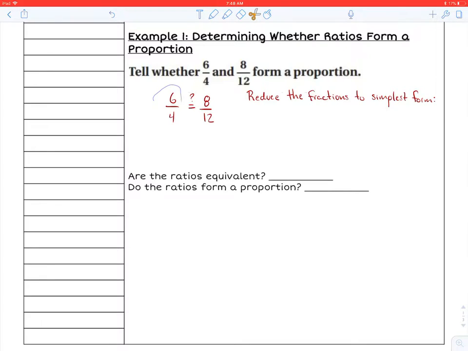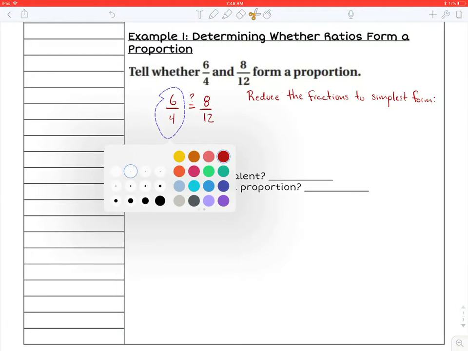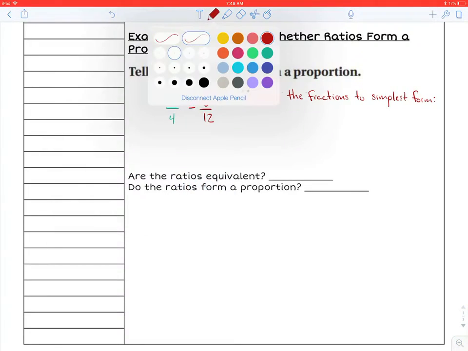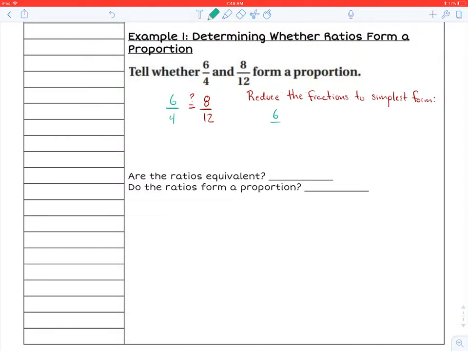So if we're reducing the fractions to simplest form, let me go ahead and change the color. Then 6/4 reduces to 3/2 if we divide both of those numbers by 2.